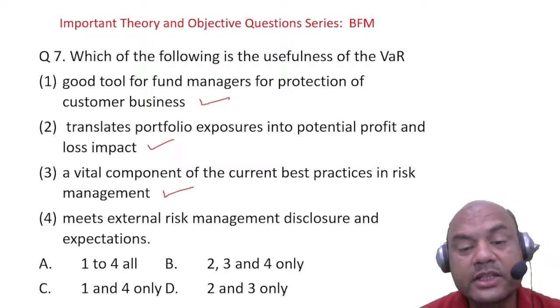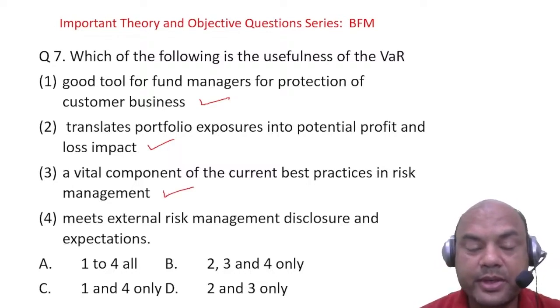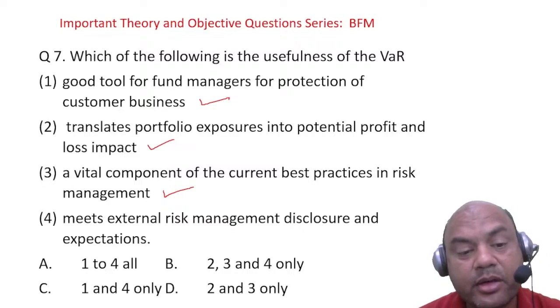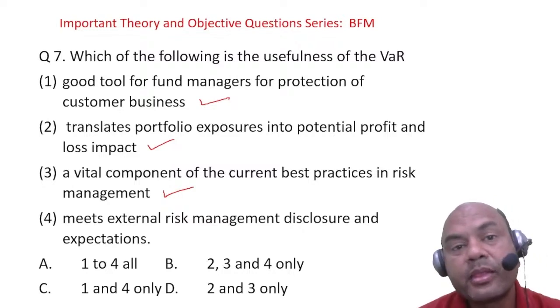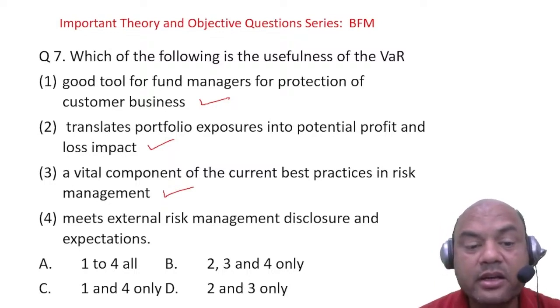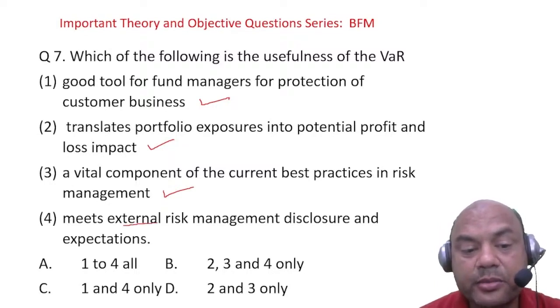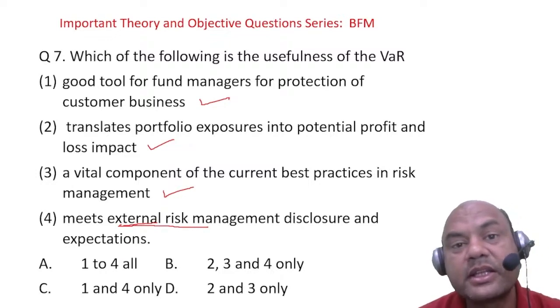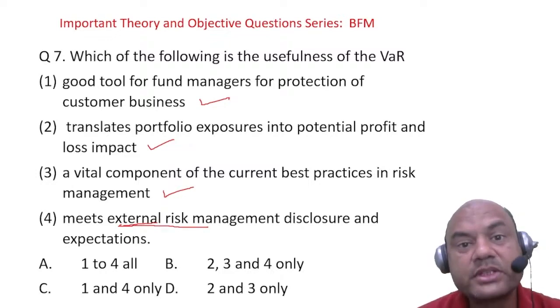Meets the external risk management disclosure and expectation. This is an important condition in the Basel norms. Basel norms consider systemic risk, very important. Systemic risk is an external risk, which is not because of you.